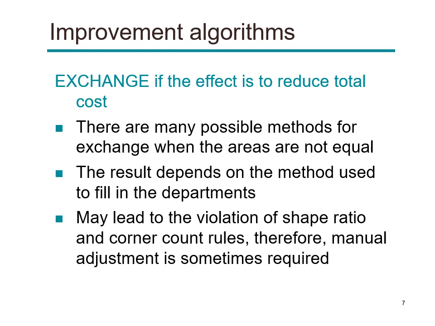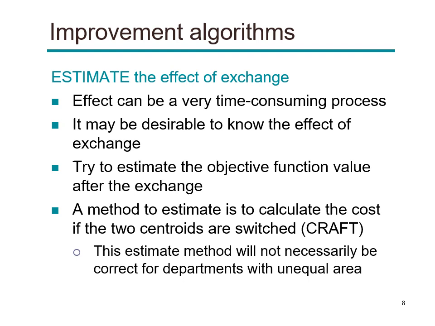And when you exchange two departments with different shapes and different sizes, one of the departments may have a larger number of corners, and the final layout will not be a good, practical one. So in that case, you can manually adjust the departmental shapes at the end of the algorithm. So another procedure in this improvement algorithm is the estimation, as I told you.